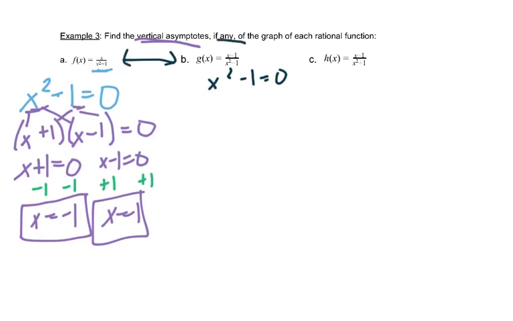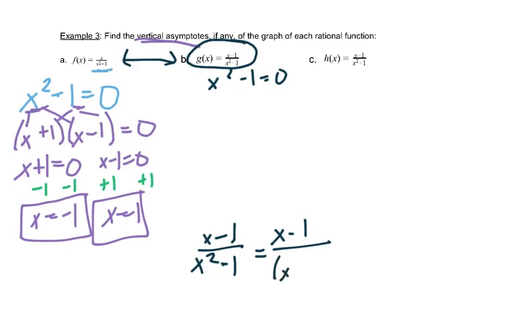Well, let's look at the original function here. In the original function, I'm going to do it down at the bottom, we have x minus 1 over x squared minus 1. And if I factor that bottom like we did here, this x minus 1 cancels out.